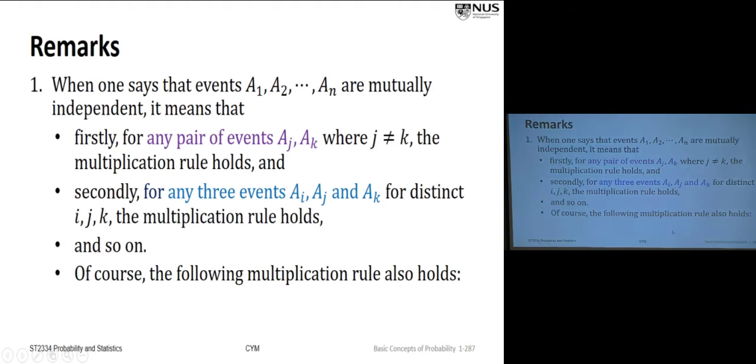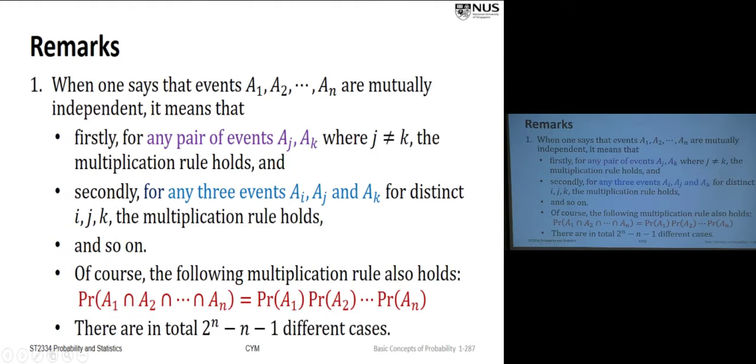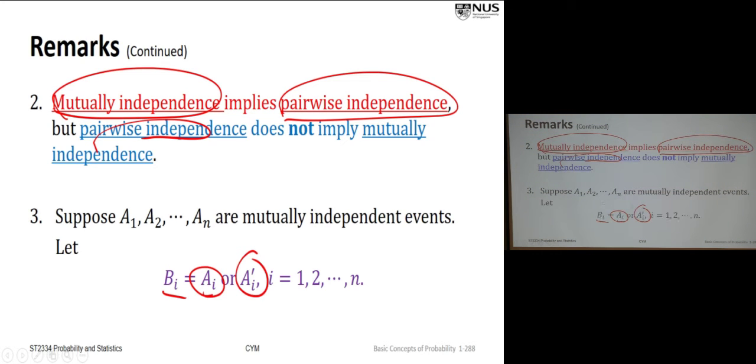We can also replace any one of them by its complement event. That means if A1 up to An are mutually independent, then if you replace any one of them by its complement, the set of events is still mutually independent. So if all these are mutually independent, and I replace A2 by A2 complement, then this bunch of events are also mutually independent.